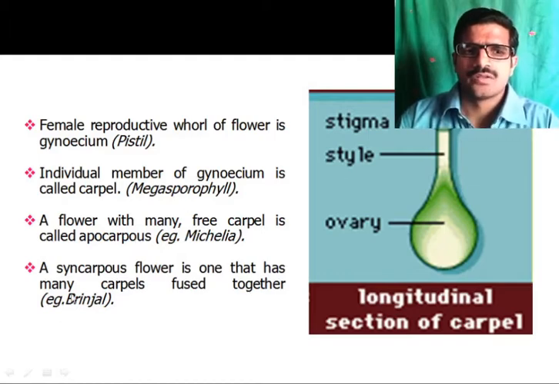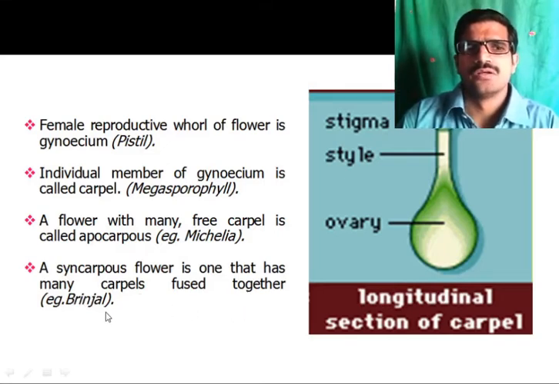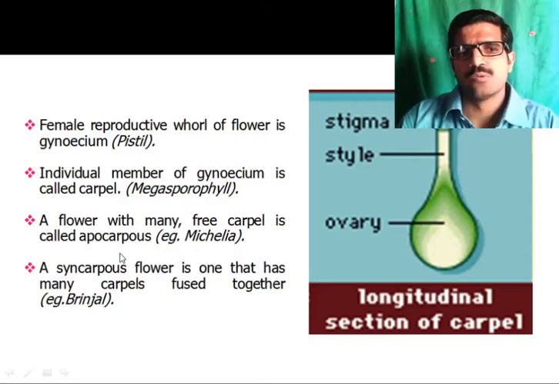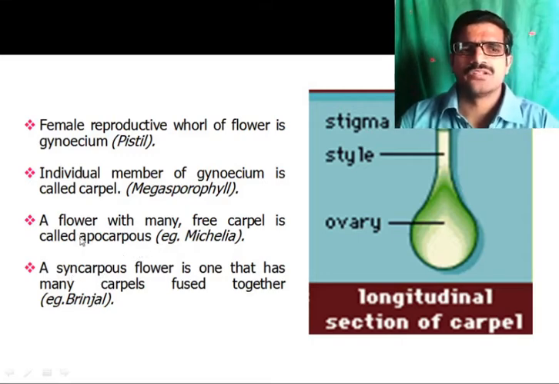Whereas in a syncarpous flower, many carpels fuse together. An example is brinjal. The fused condition of the carpels is called a syncarpous flower, and the free carpel condition is called an apocarpous flower. These are the two conditions of the flower.